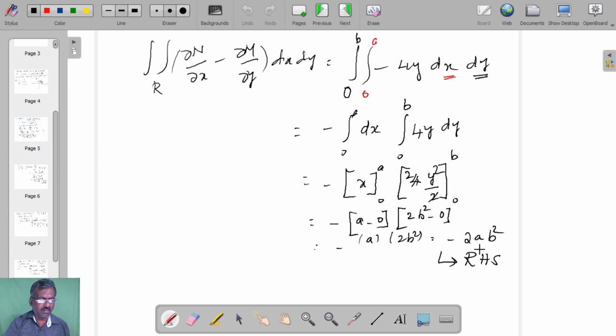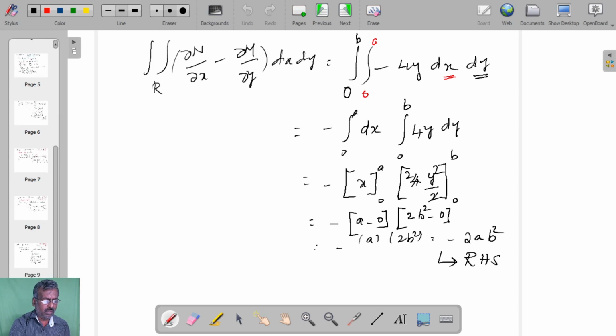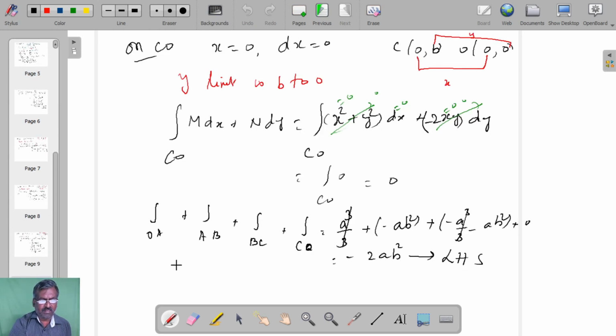So both answers are equal, LHS equals RHS. That means Green's theorem is verified.